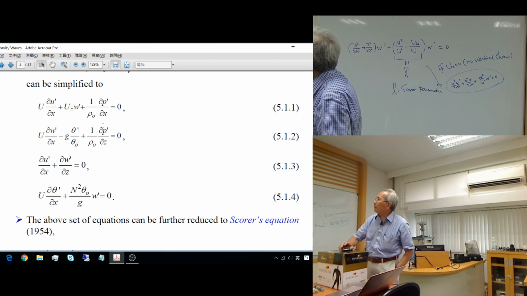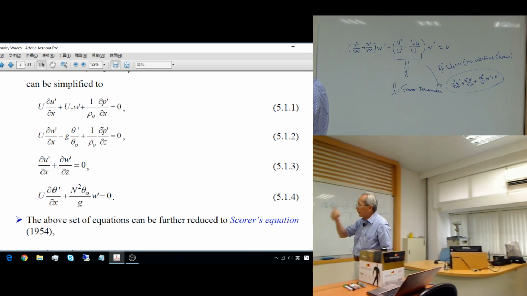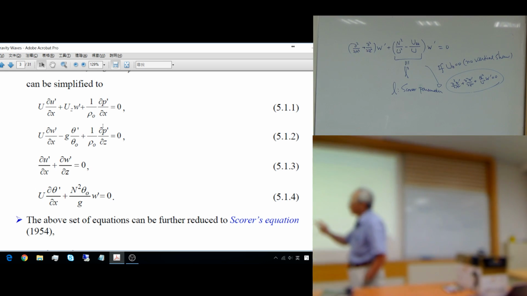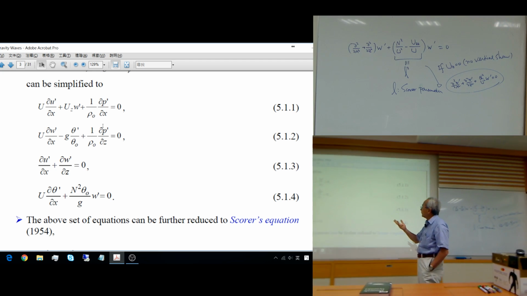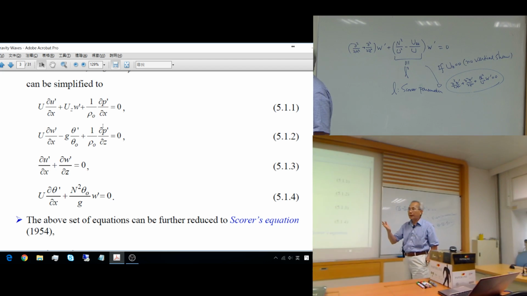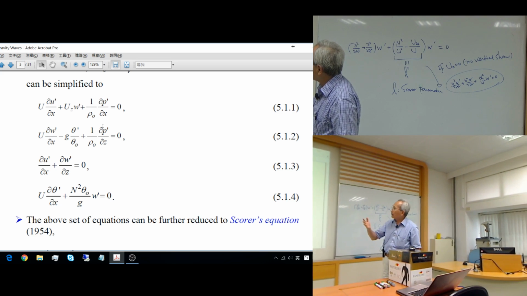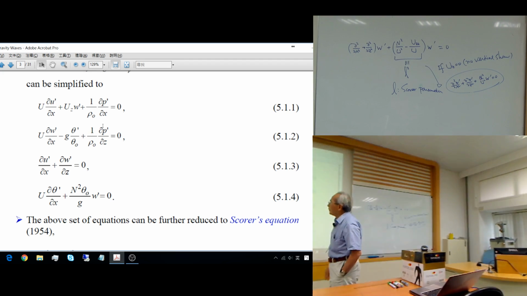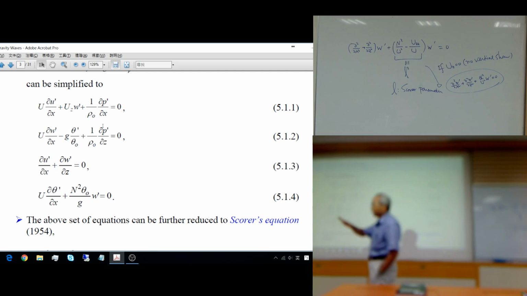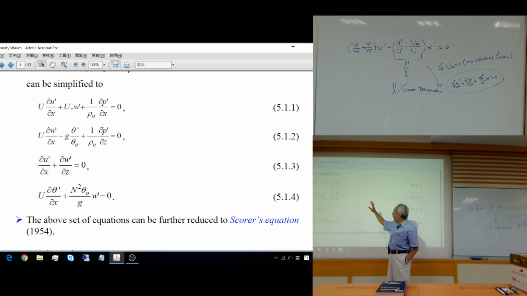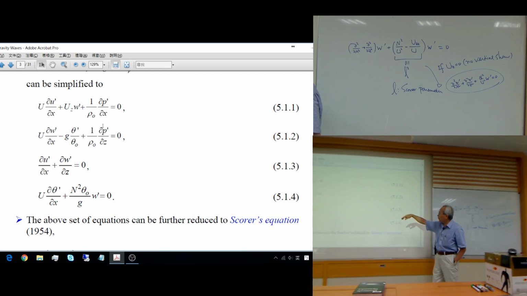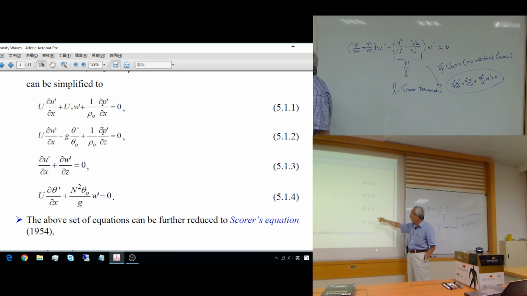Okay, so when we consider steady state, two-dimensional, inviscid, Boussinesq, and non-rotating fluid flow, with small perturbations, that means linear, then the original set of equations can be reduced to 5.1.1 to 5.1.4.